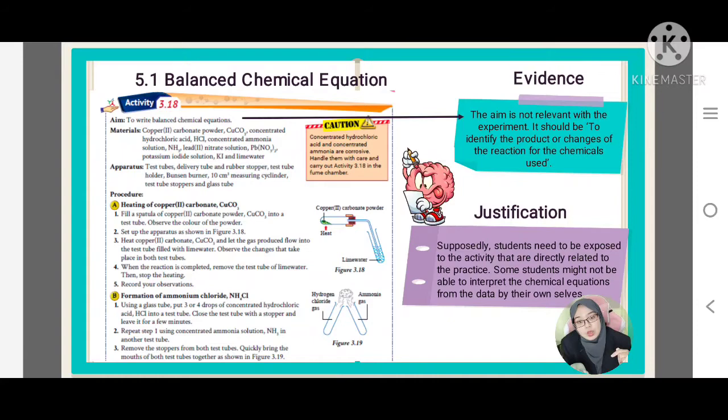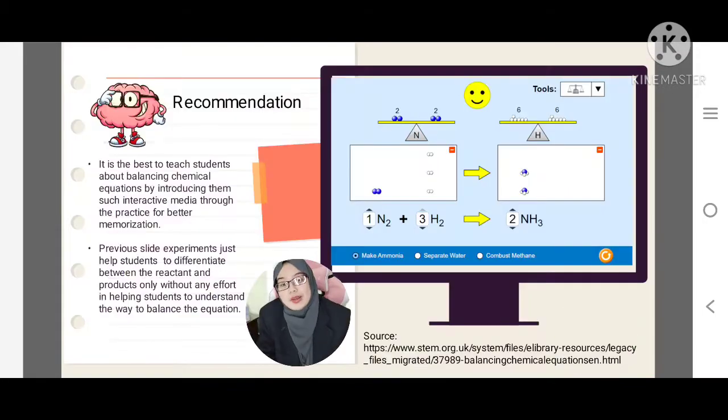So let's go to my recommendation. What we are going to do is replace the experiment to give students a better understanding in balancing chemical equations. My recommendation would be to use interactive media to gain the interest of the students, for them to get a better understanding in balancing the chemical equation.